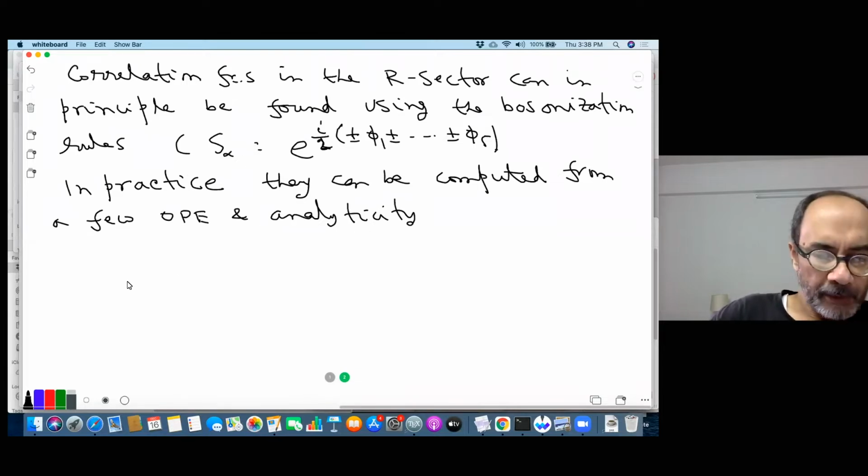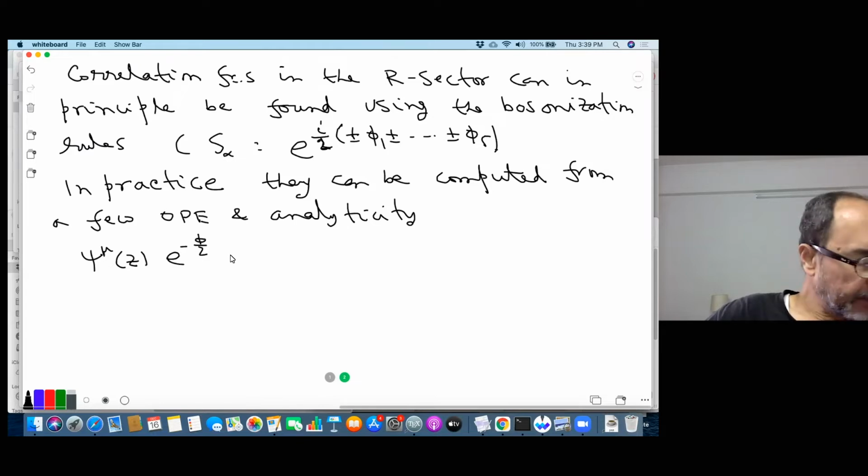So what are these operator product expansions? Let me write these down. As I said, these can be derived using these bosonization rules, but we'll just think of them as given.